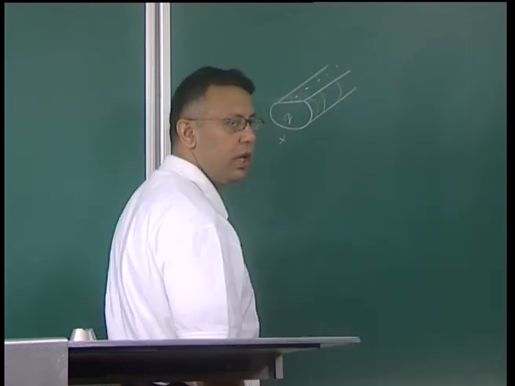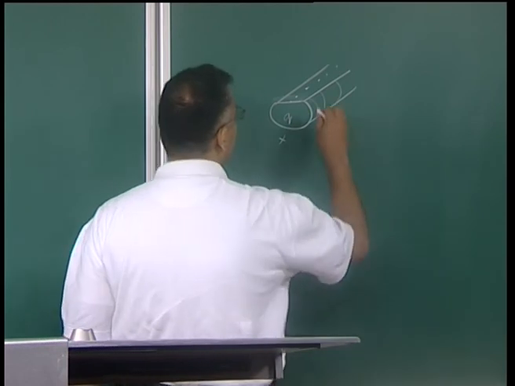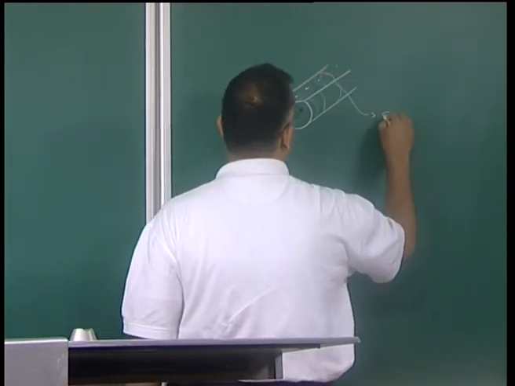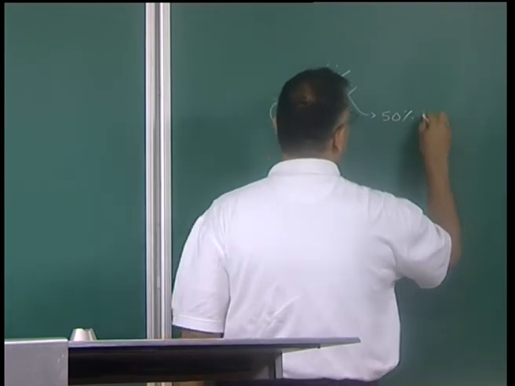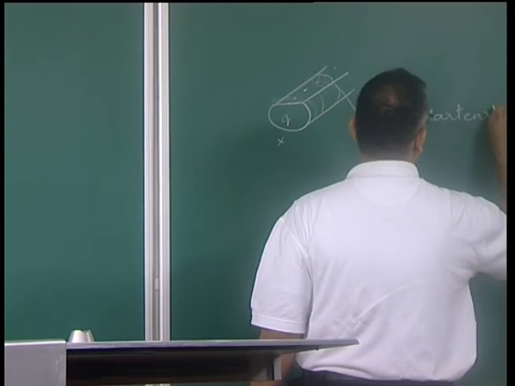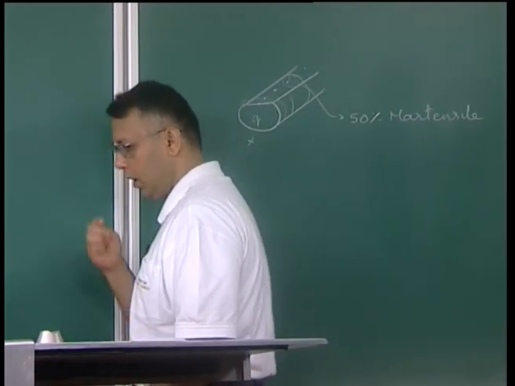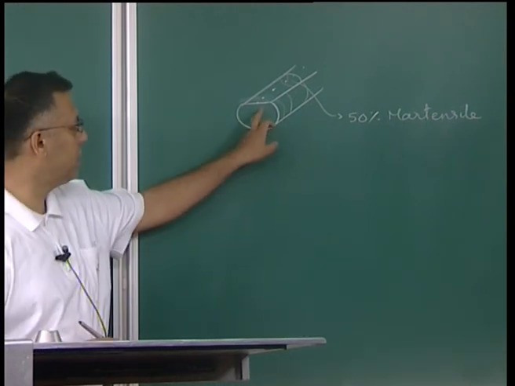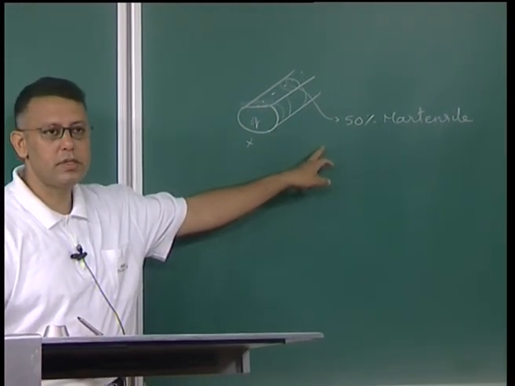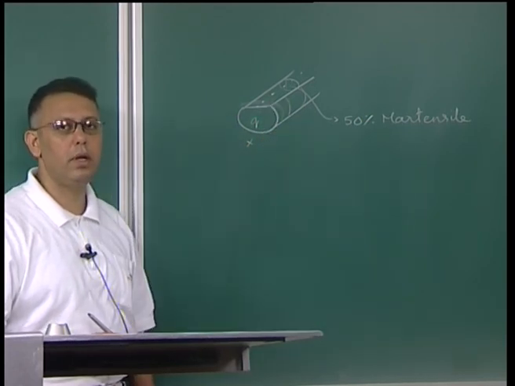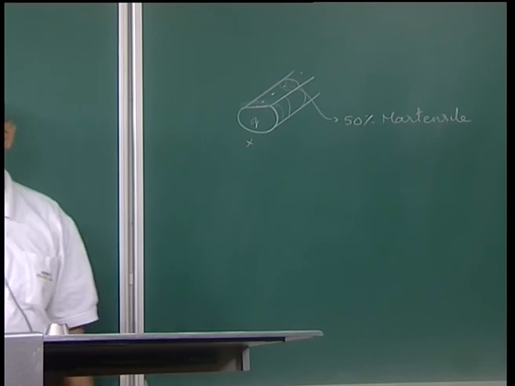Further, I can also see using metallographic studies at which section I am producing, for instance, 50% martensite. So, by using a combination of hardness and metallographic studies, I can find out the variation in hardness and also locate the region at which I can get 50% martensite.